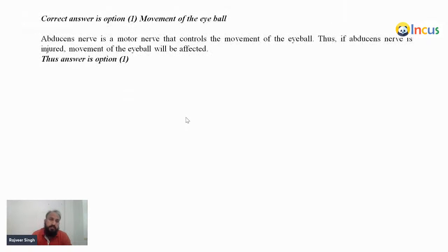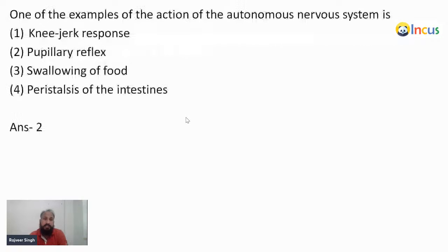Why? Because the abducens nerve is a motor nerve and it controls the movements of the eyeball. You should know about the function of the abducens nerve. Thus, if the abducens nerve is injured, then definitely movements of the eyeball will be affected and the answer will be first.